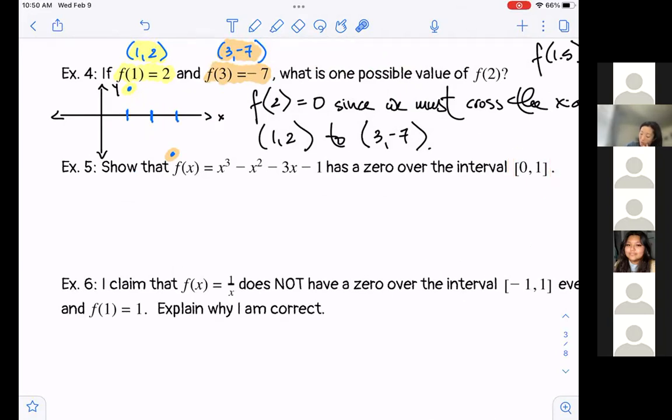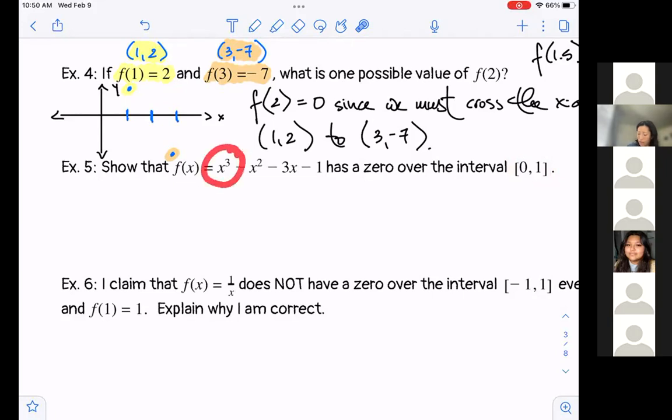Now, over here, what Enrique just pointed out, the 1 and 3, that's the closed interval for example 4. So the x values tell you where the closed interval starts and stops. Well, I don't know what the graph of this looks like off the top of my head.